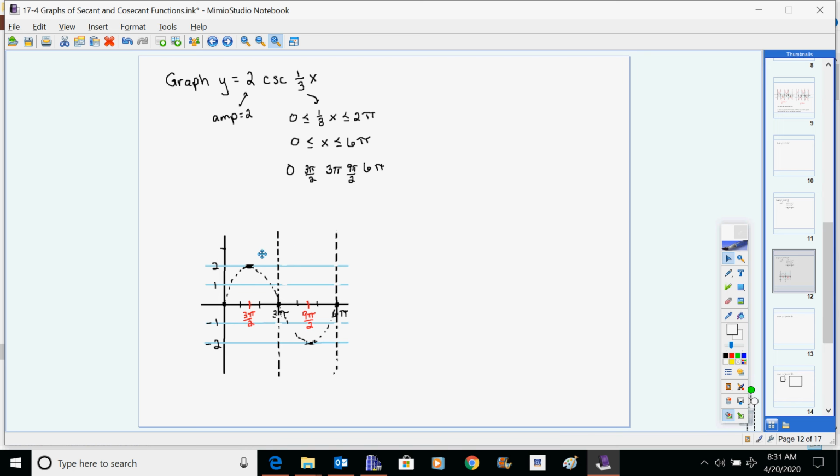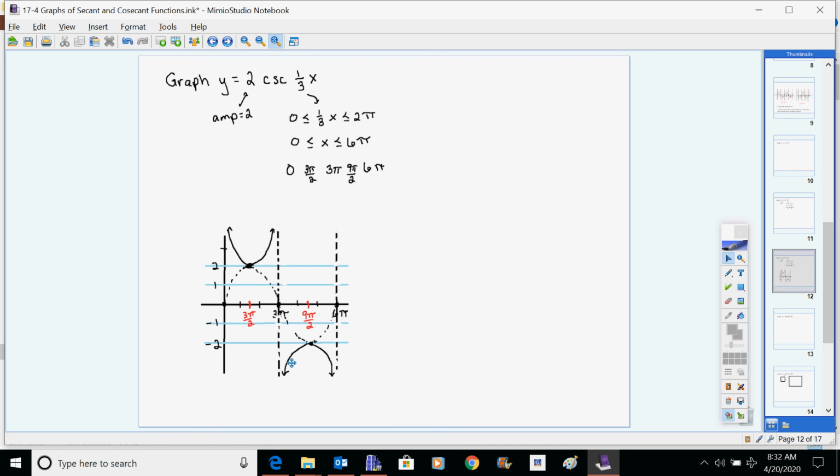Now, remember, you're just going to hit the top point, hit the bottom point, and then make your curves up towards the asymptotes. There's an asymptote hiding through here. You can't really see that very well, but here's that one. Starts here, goes up. Here's this one. Starts there, goes down.